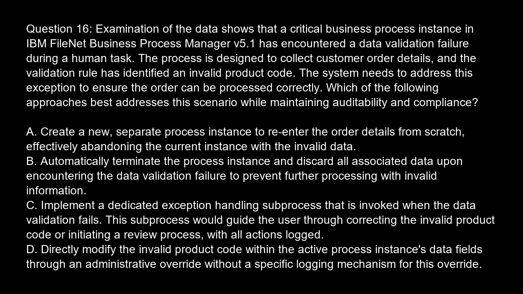This subprocess would guide the user through correcting the invalid product code or initiating a review process, with all actions logged. Option D. Directly modify the invalid product code within the active process instance's data fields through an administrative override without a specific logging mechanism for this override.